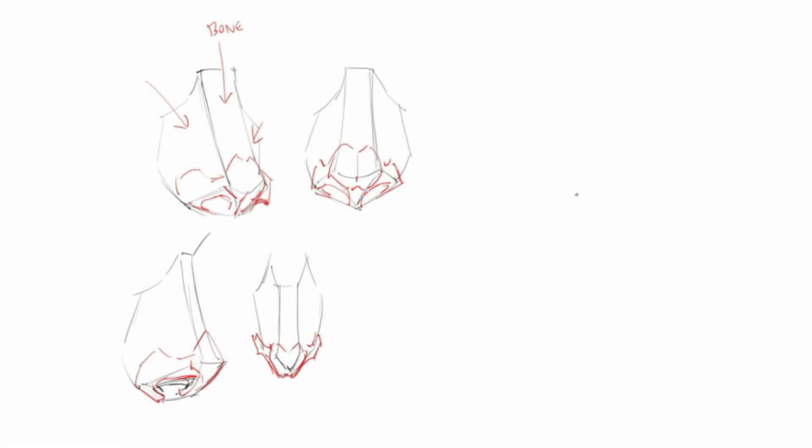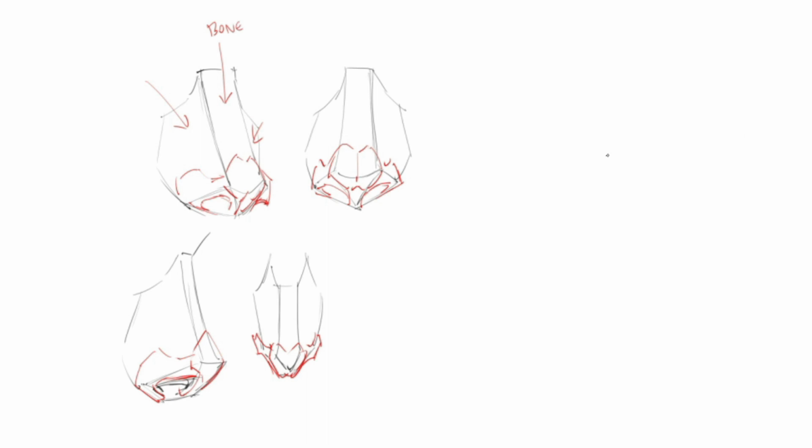Okay, so let's start off with the front of the nose. Now, for me, this is very, very simple. It's like insanely simple. If I'm drawing a male character, I might add in a few more details here, but honestly, let's say that we've got our head drawing and we're ready to draw the nose.